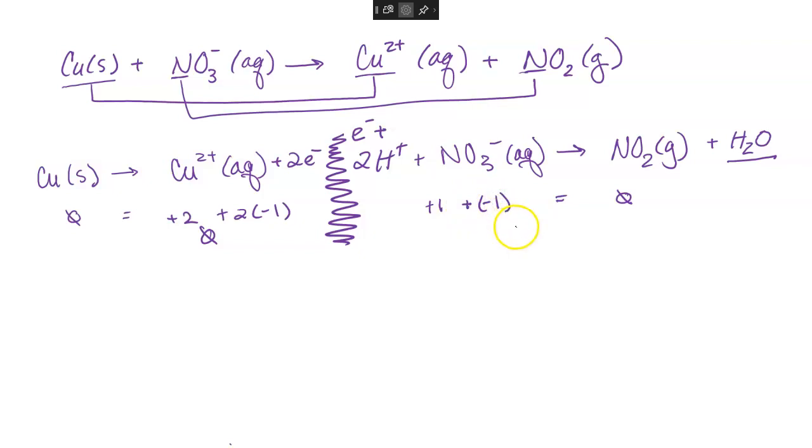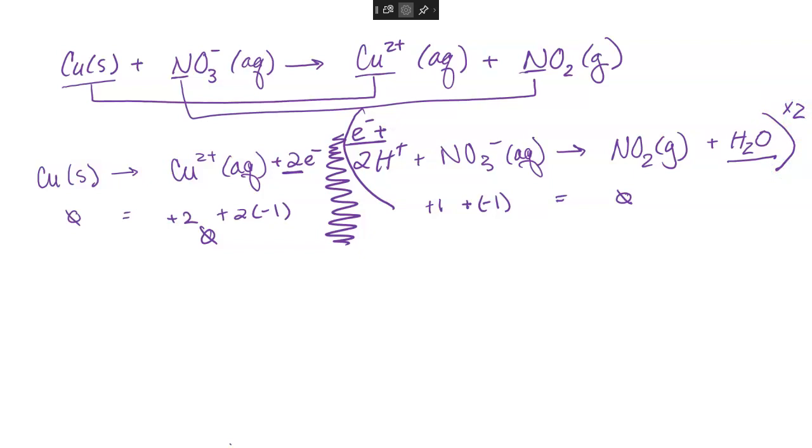Good so far? Before I can recombine them, I need to make sure that my electrons are equal in quantity so that they cancel. So this is where I do the parentheses and multiply by 2, right? Because I have 2 electrons here and 1 here. The easiest way to make those equal is to multiply all of this by 2.